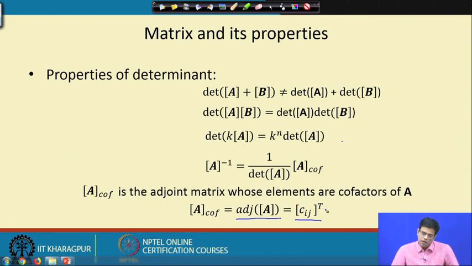We will see this in detail in the next lecture. This cofactor matrix is also known as the adjoint matrix, which is the transpose of the cofactors of matrix A. We will see this in detail in the next lecture, and we will compute the inverse of a matrix. So, thank you.